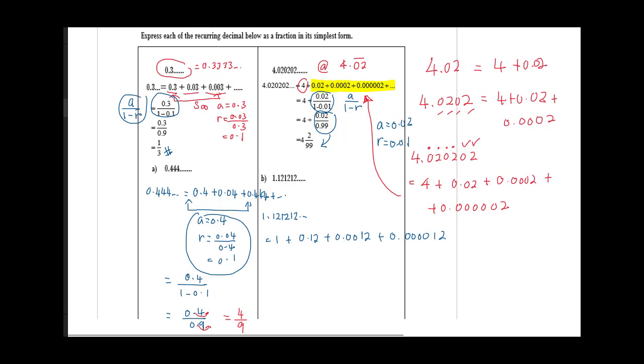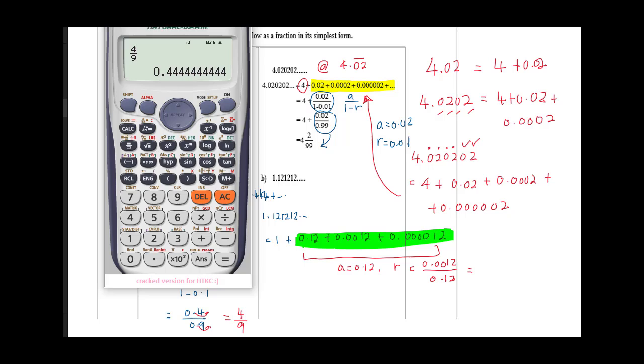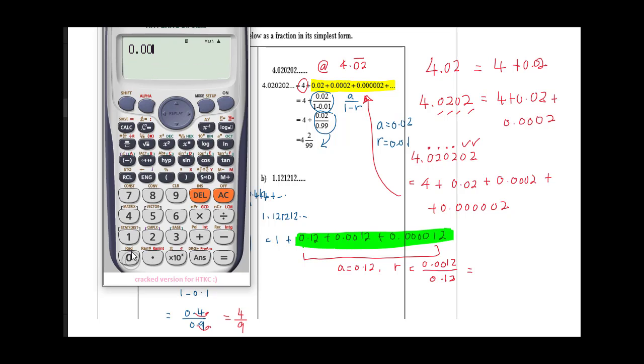Highlight the part with the geometric sequence; the 1 you just leave. From here, a equals 0.12 and the common ratio is 0.0012 divided by 0.12.